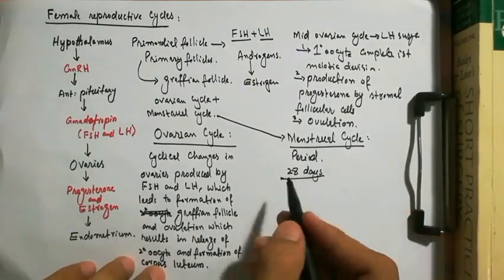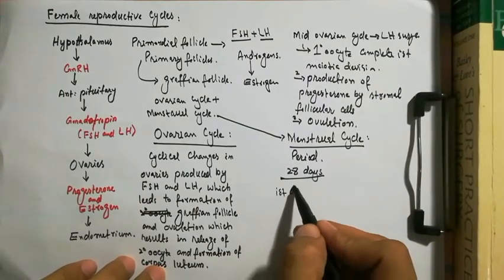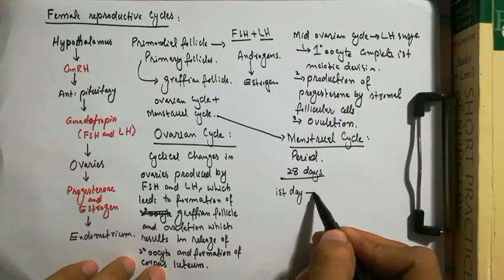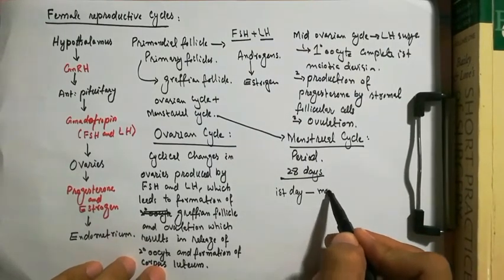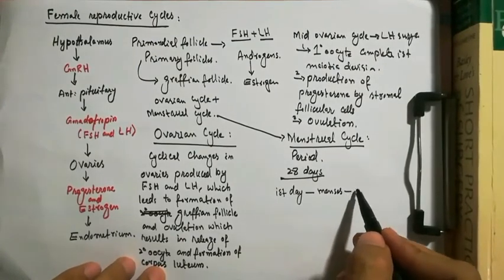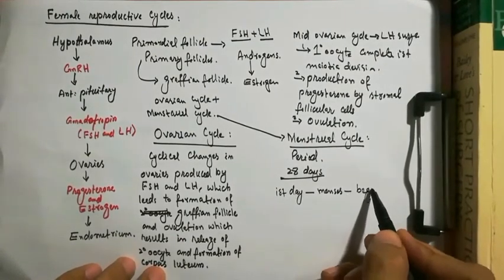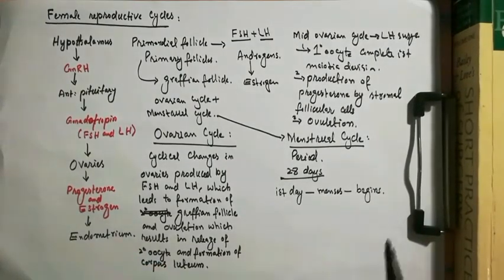And the first day of menstrual cycle is the day on which menses or menstrual blood flow begins. Endometrium is mirror of ovarian cycle. First let me make diagram.